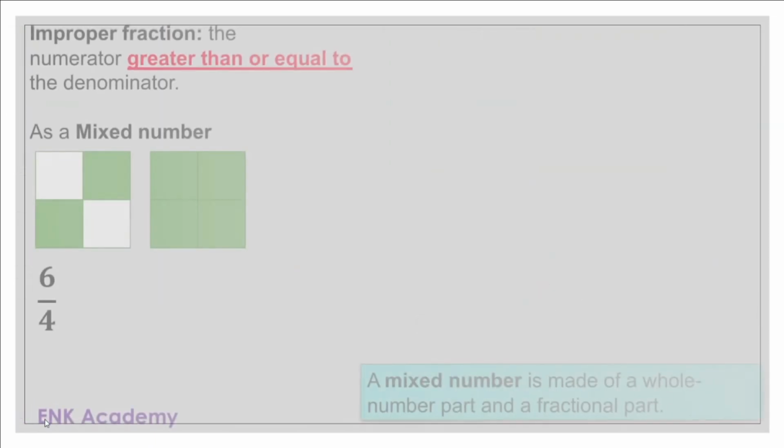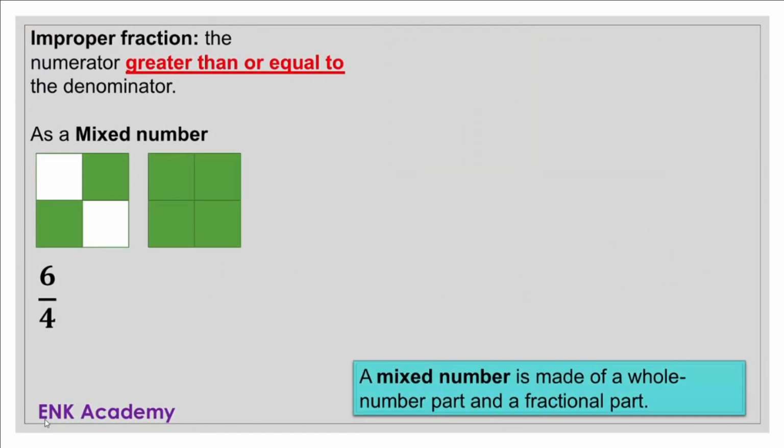So staying within the improper fractions where the numerator is greater than or equal to the denominator, we can also introduce the concept of mixed number. We see in this case here where we have 2 colored parts here and then 4 here, which gives us 6 over 4.